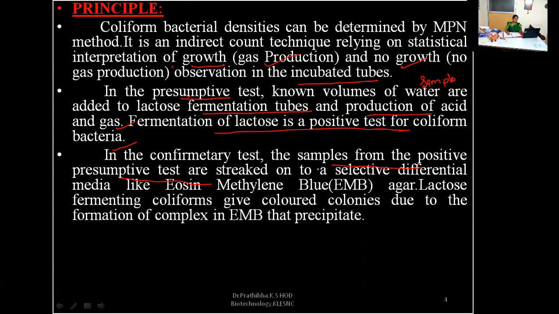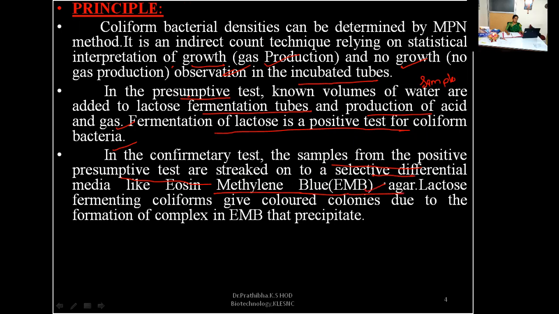Keep in mind the full form of EMB: EMB stands for eosin methylene blue. Whatever we got as a positive result in the presumptive test will be taken here and inoculated or streaked onto a selective differential media like EMB, that is eosin methylene blue agar.